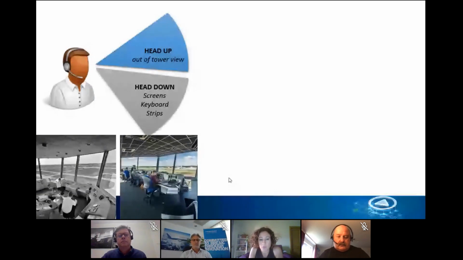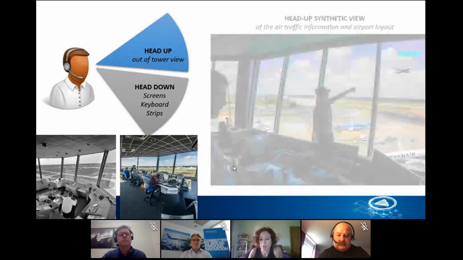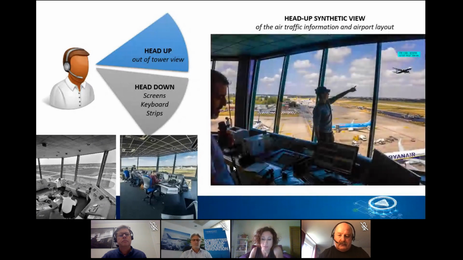So let's imagine how novel augmented reality technology can help us. They can offer the opportunity of moving the information from the head-down view towards the head-up view, directly in the out-of-the-tower field of view of the controller.